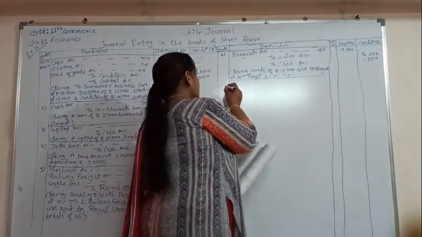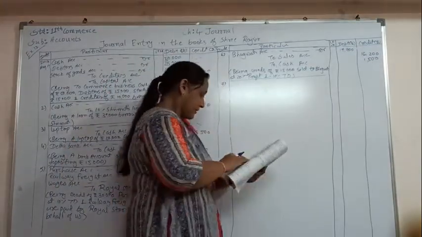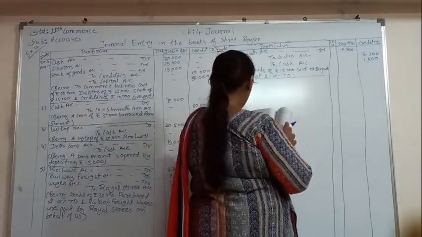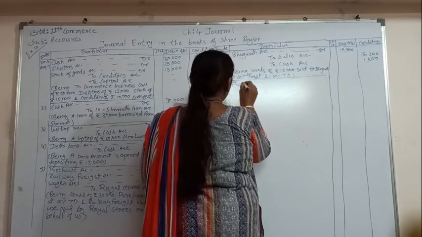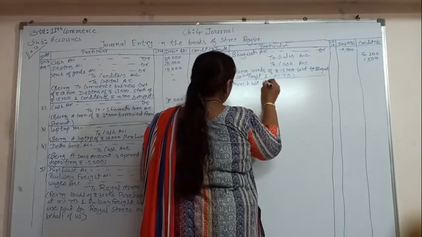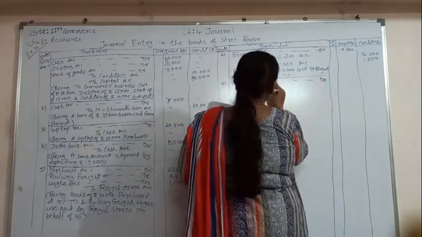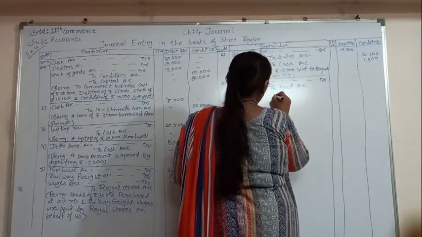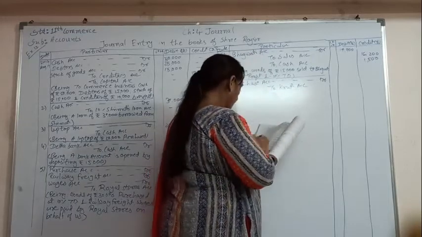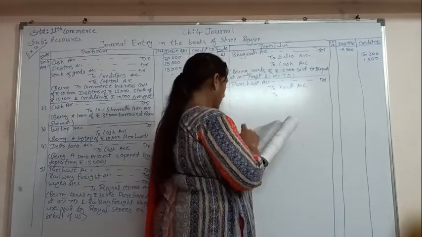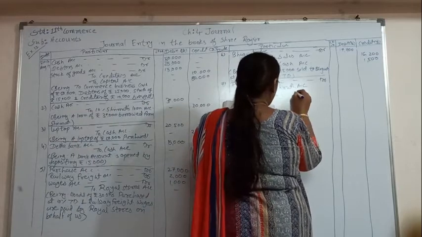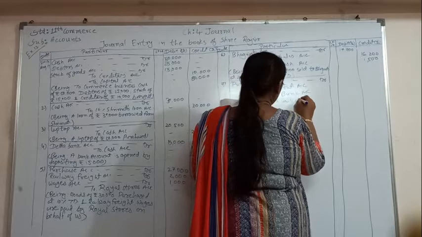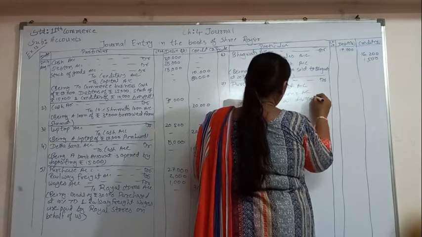So let's pass the journal entry. So here the journal entry will be purchase account debit to Kruti account. Here we have given the check, so to bank account and to cash discount account.